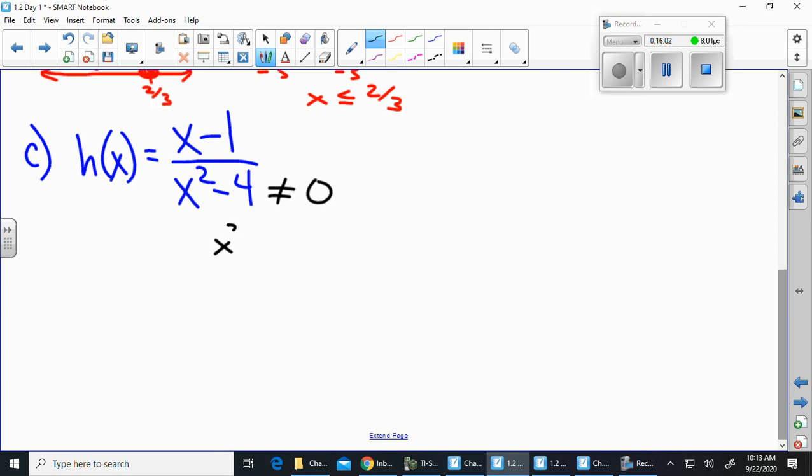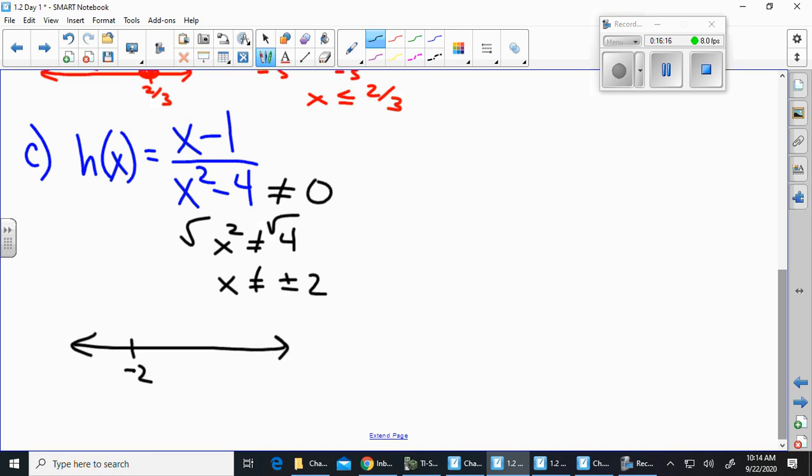This one, square root, I could just use square roots. X, what can I put in? X cannot be 2 or negative 2, which really means I can put in anything except those numbers.